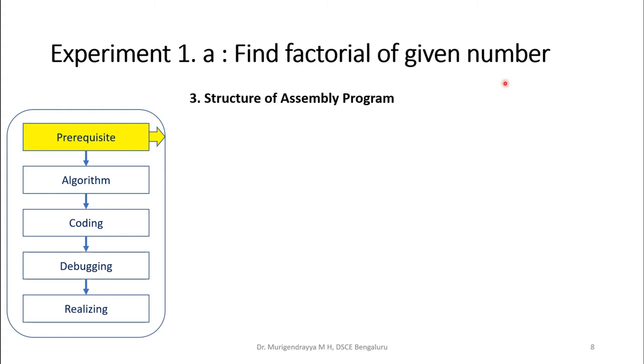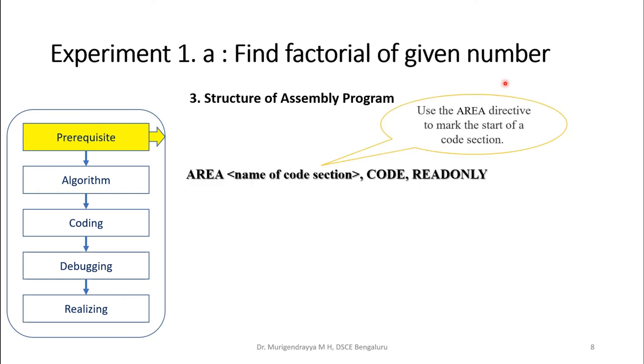The structure of the assembly program starts with the AREA directive, which specifies the location where the program has to be placed in memory. This starts with the keyword AREA and the name of the section, which can be specified by the programmer, and it says the code section.